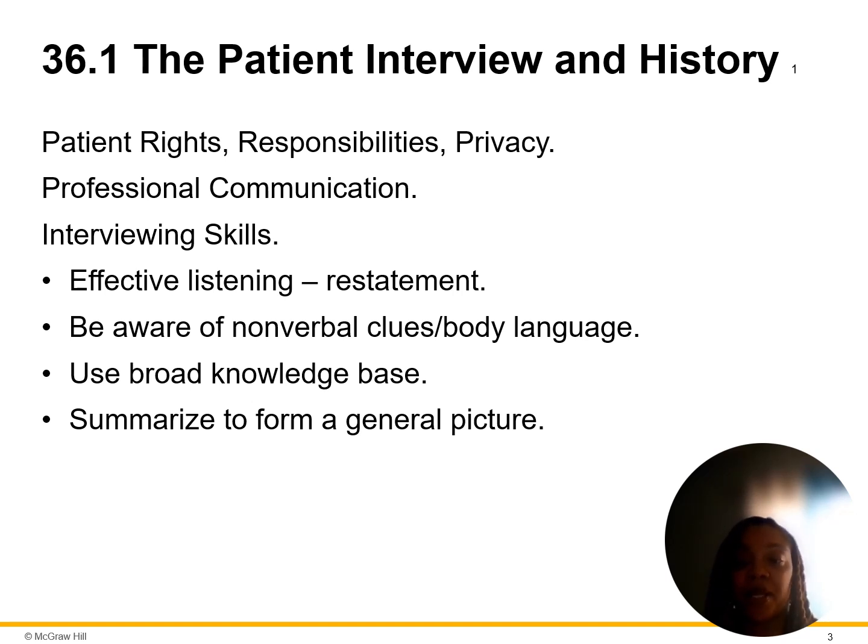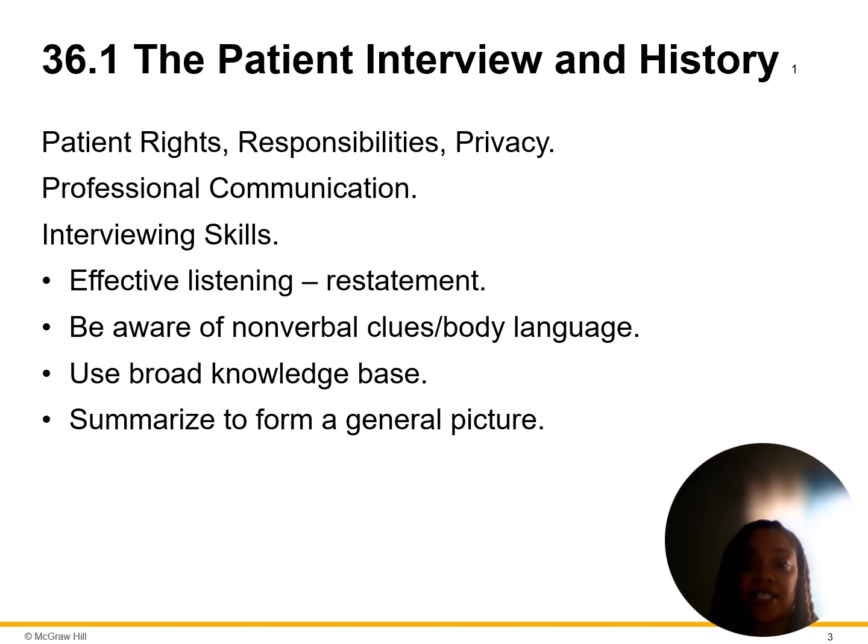HIPAA laws enforce privacy and must be posted in a clear and prominent location within your facility. It is also important that you as a medical assistant demonstrate adherence to these rules and statutes, but overall you must show professionalism and poise. This can also be a direct result of your verbal communication skills.